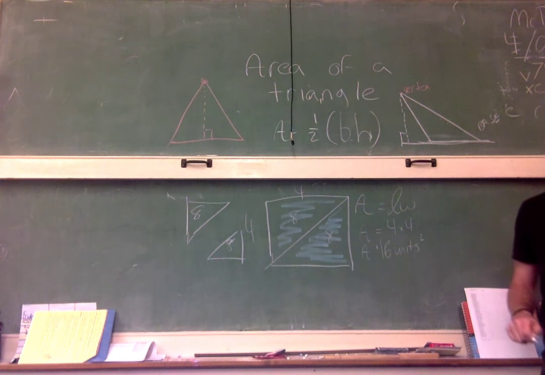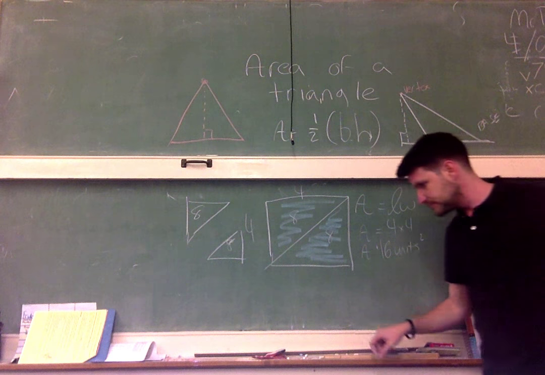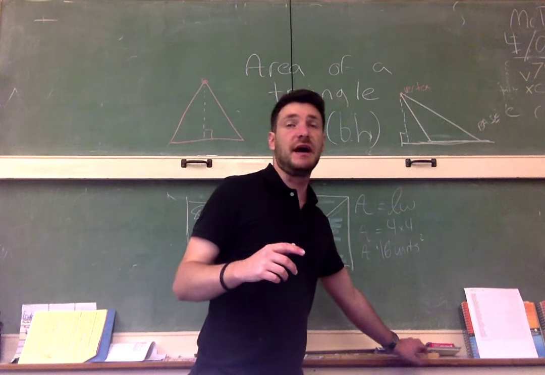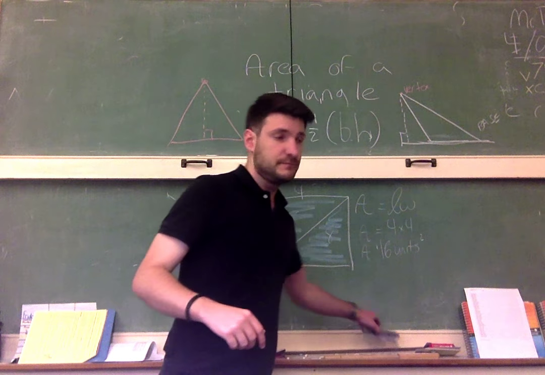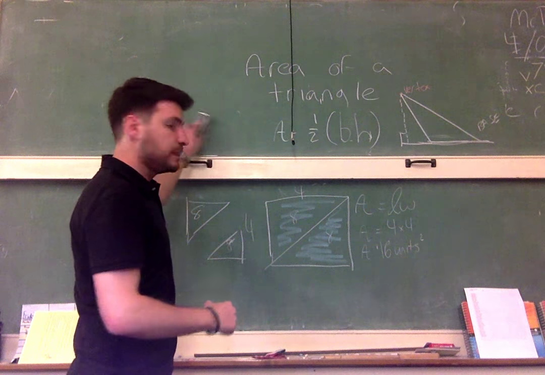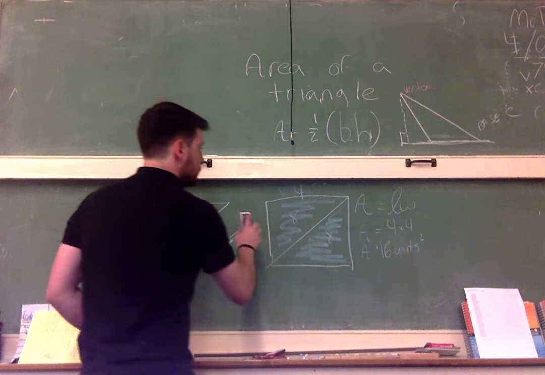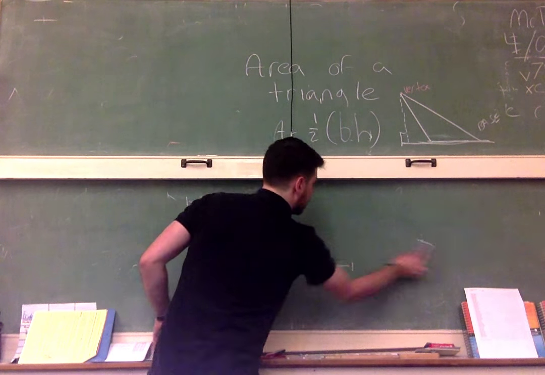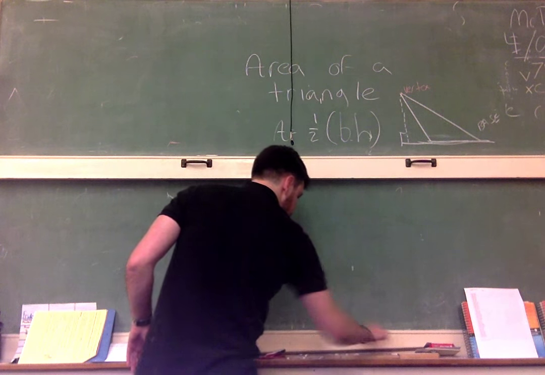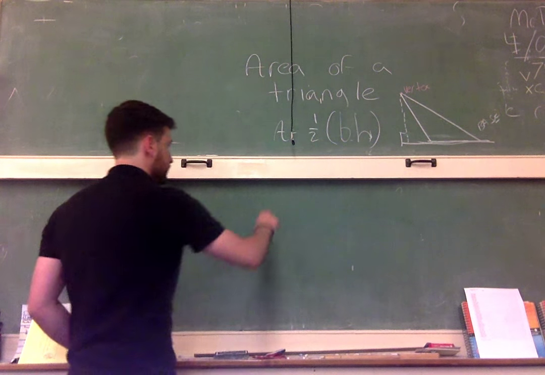So, let's try a couple of examples of actually finding the area. I'm going to give you the base and the height. I'm going to do this one over here. So, actually, I'm going to draw out an acute triangle.